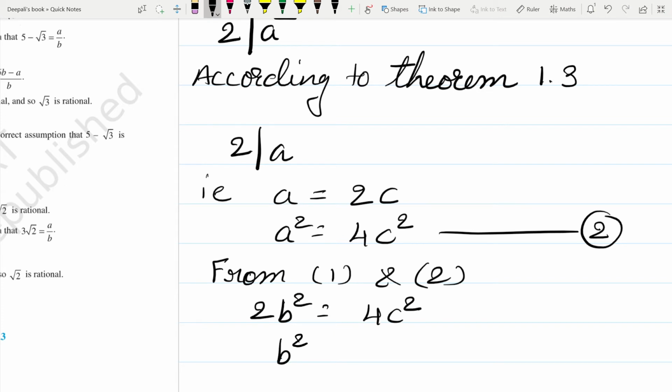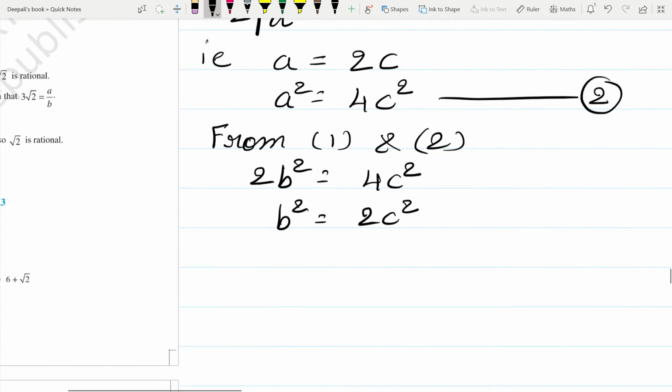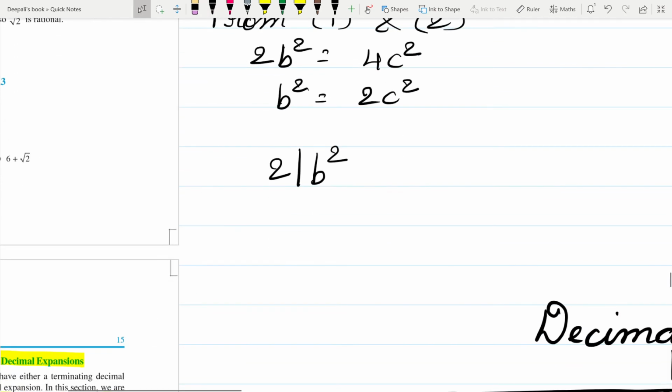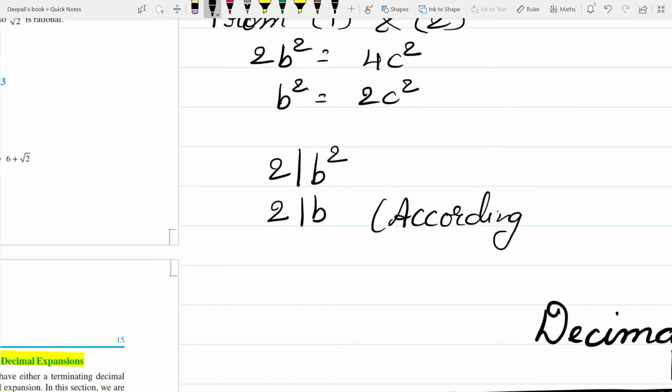So b square is equal to 2c square. This means 2 divides b square and 2 divides b, according to theorem 1.3.